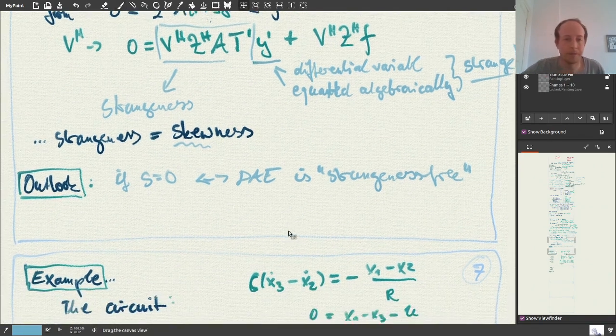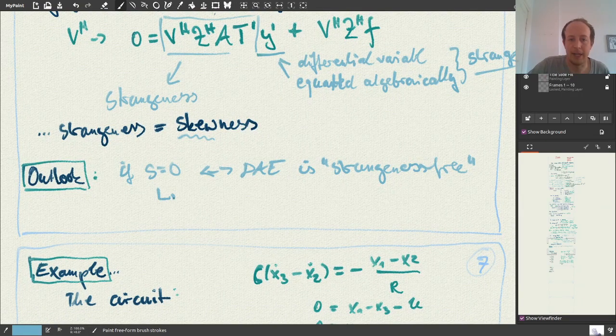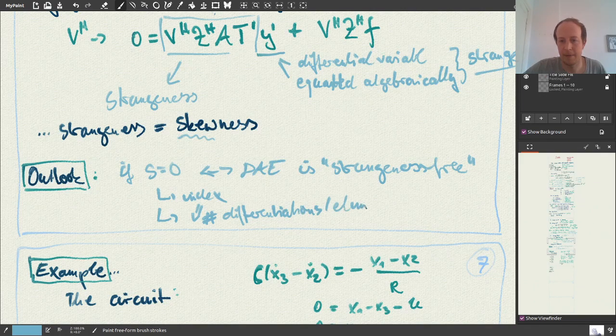And this will also define an index, because we can index, this will be the number of differentiations and eliminations to make, just call this DAE as free. Okay, if S is 0, then the DAE is strangeness free.